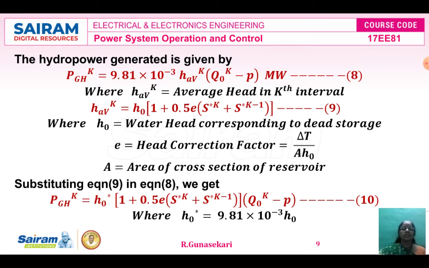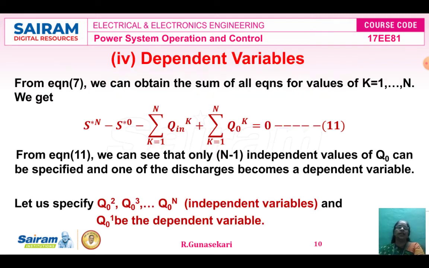In this case, H naught asterisk is equal to 9.81 into 10 to the power minus 3 into H naught. So in equation 8 we substitute equation 9, and finally we get equation 10.